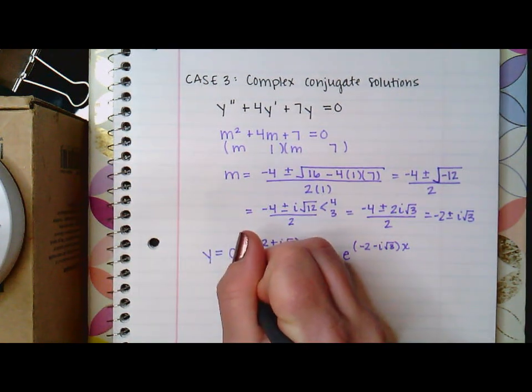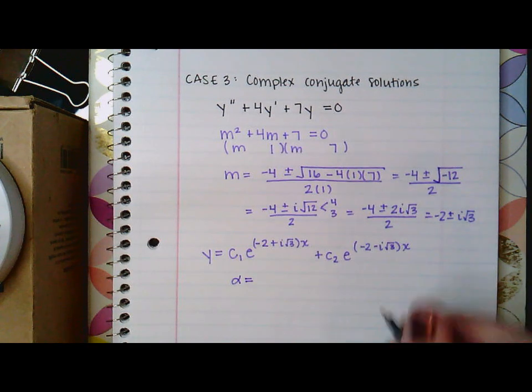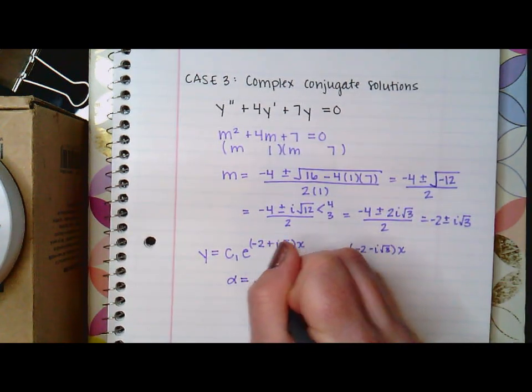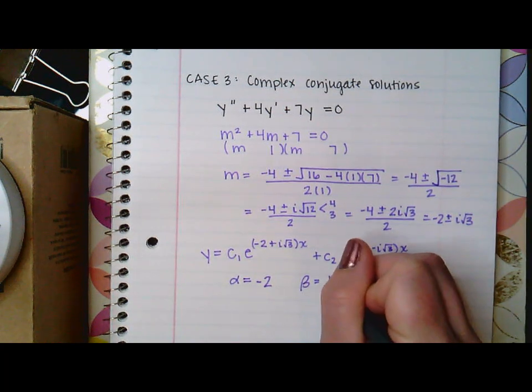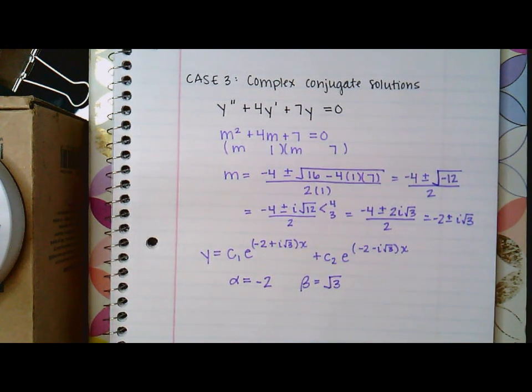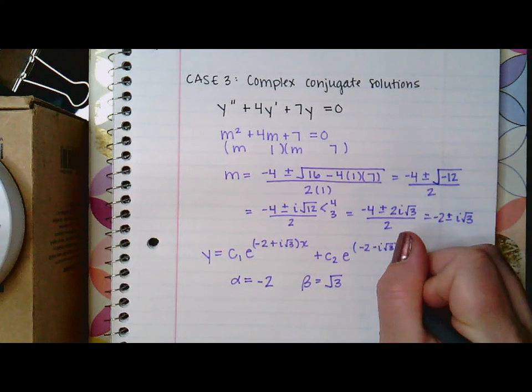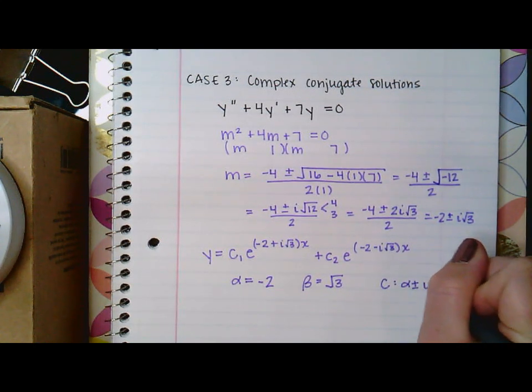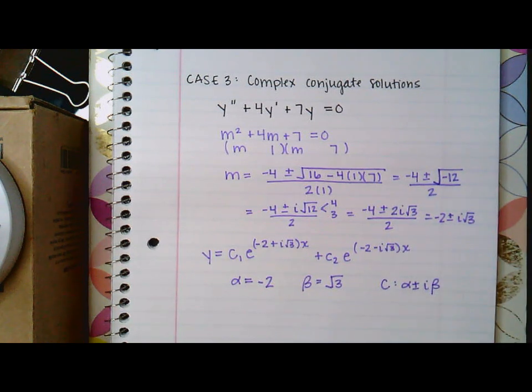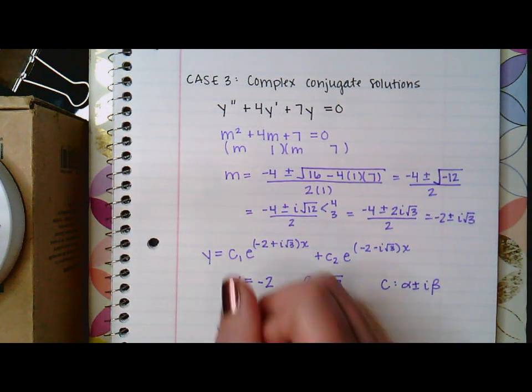And what this ends up meaning is you look at your alpha and beta. So alpha in this case is negative 2. Beta in this case is the square root of 3. Any complex number is of the form alpha plus or minus i beta. Okay, so that's where those numbers are coming from.